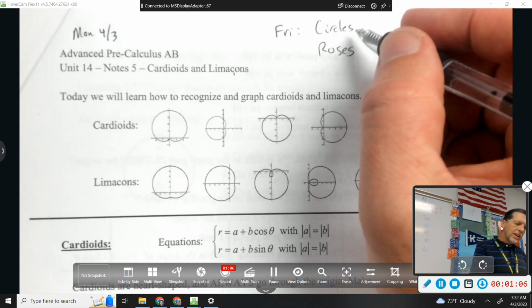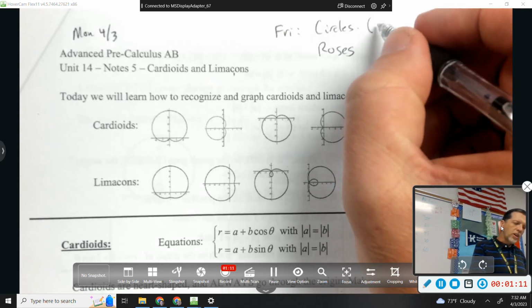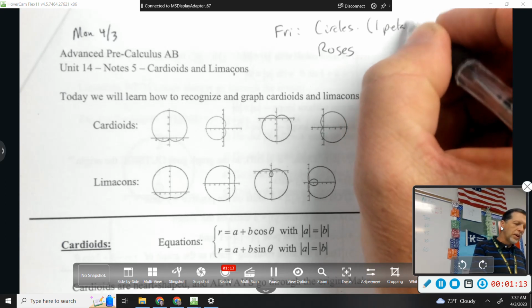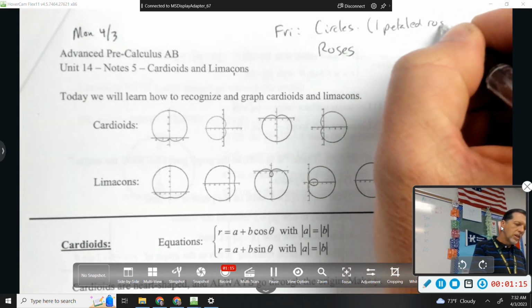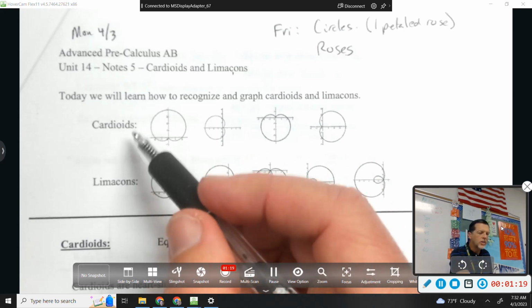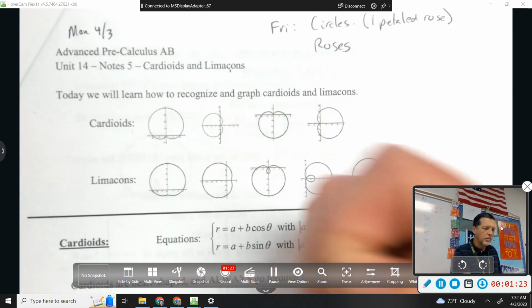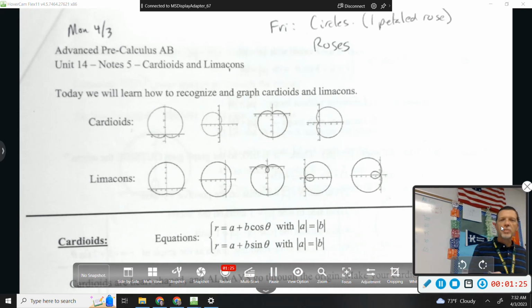And kind of like on Friday, circles was a special case of a rose. It's sort of a one-petaled rose. A cardioid is sort of a special case of a limacon. So these are definitely related, and you might figure that out by looking at their pictures. They look sort of similar.